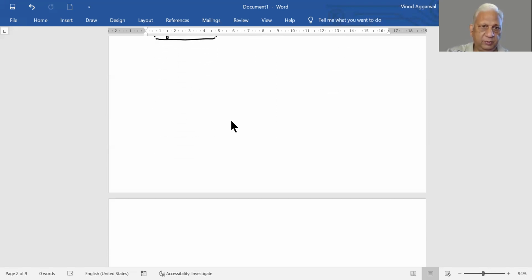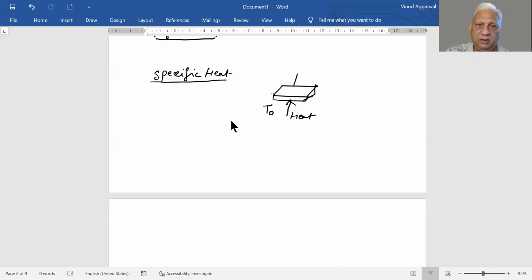The next thing we come to is specific heat. You take any substance, any material, if you heat it, if you supply heat to it, what happens? Suppose its initial temperature was T1, and if it goes to T2, this material has absorbed a certain amount of heat.